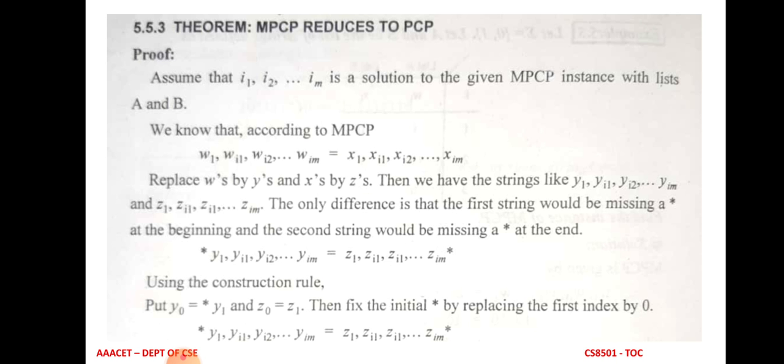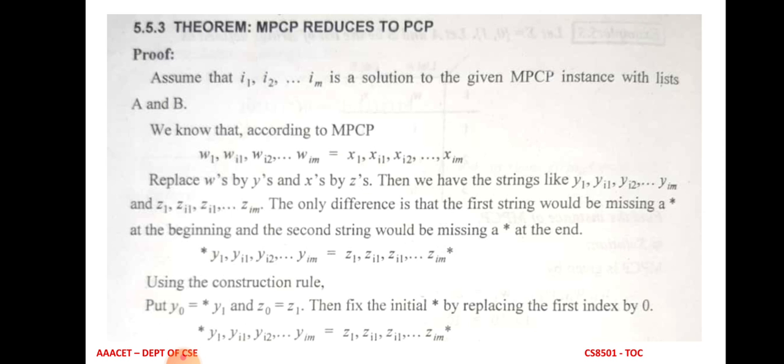So we can write it using the closure value. For that we have to include in the first statement the closure star: Y1, Yi1, Yi2 is equal to Z1, Zi1. In the last statement we have to include that closure value star. By using the construction rule, we can replace star Y1 with Y0 and star Zim with Z0.